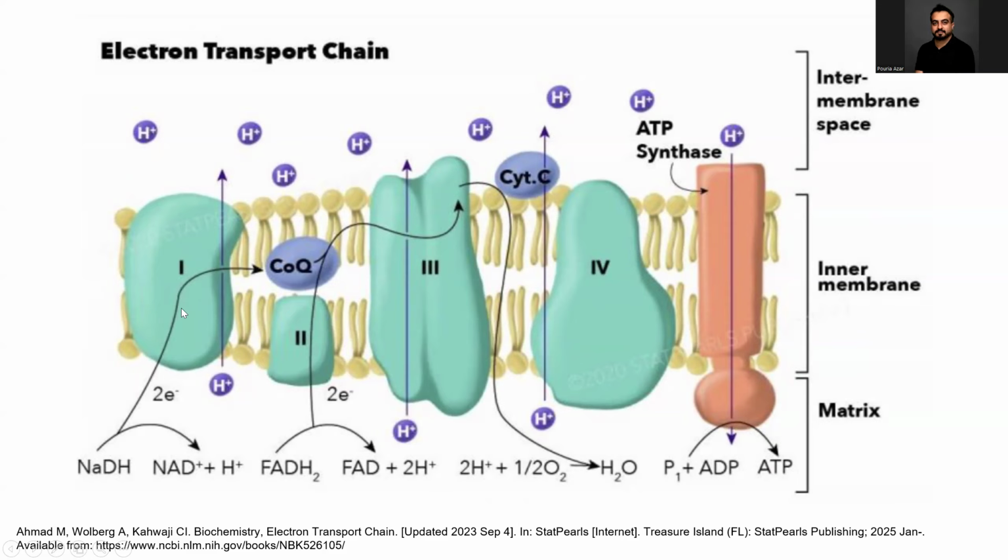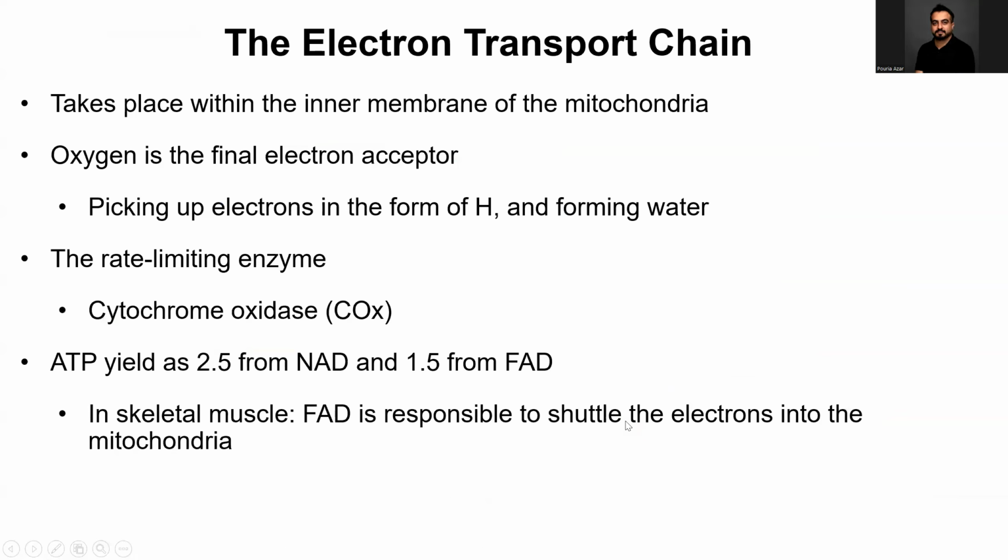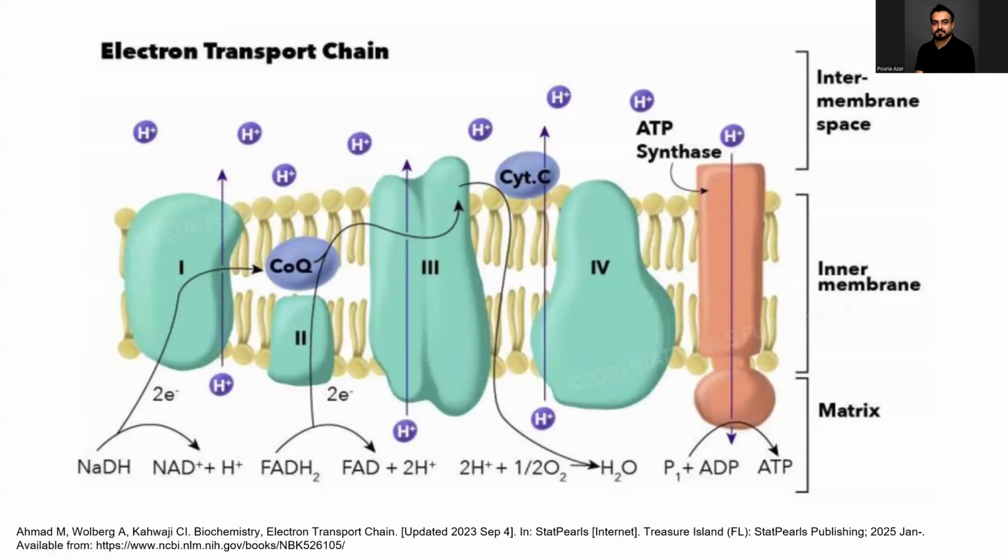When we pass electrons through these molecules, we get energy, and from that energy we can produce ATP. Here at the end, we get ATP. So one molecule of NAD can produce 2.5 ATP molecules, and FAD can produce 1.5 molecules of ATP.